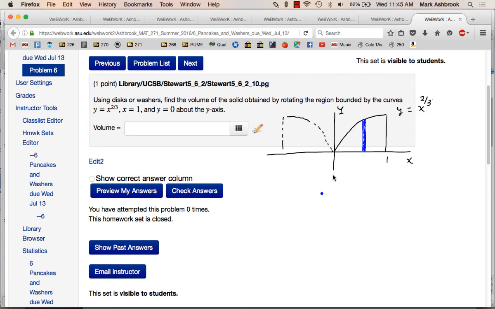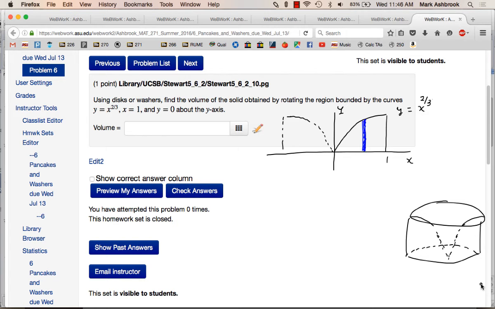So what do we think of the volume we get by rotating the whole surface? Something like that, right?